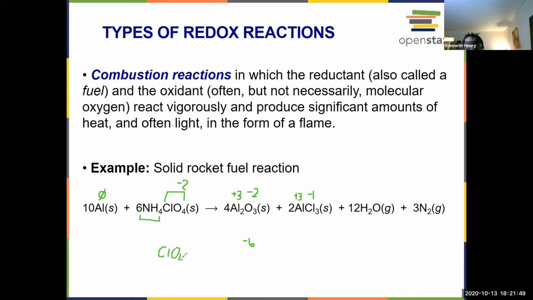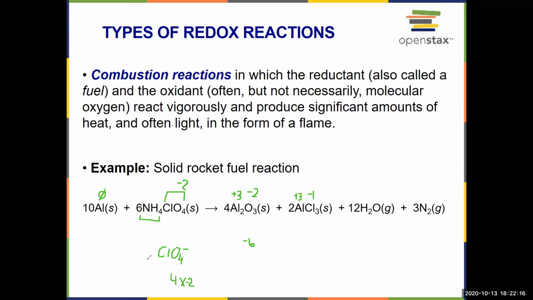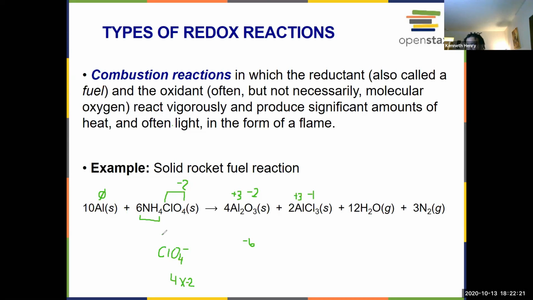It's a polyatomic ion called perchlorate. It's a -1 charge, so it has to add up to -1. If we have 4 of these, 4 times -2, what must be chlorine then? For it to balance out, +7. So chlorine is +7.